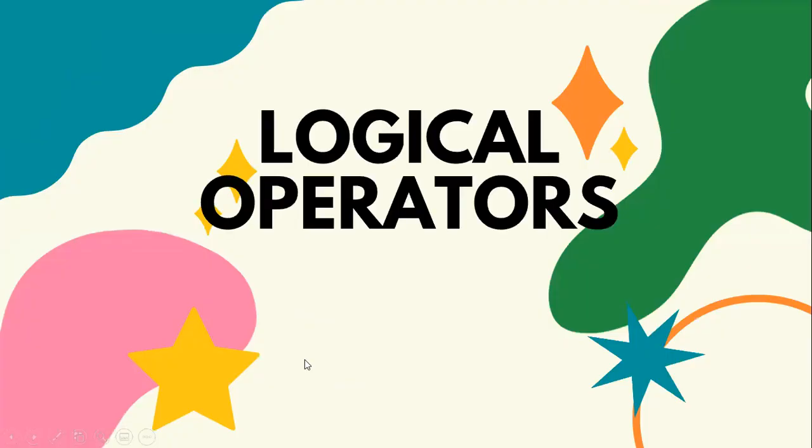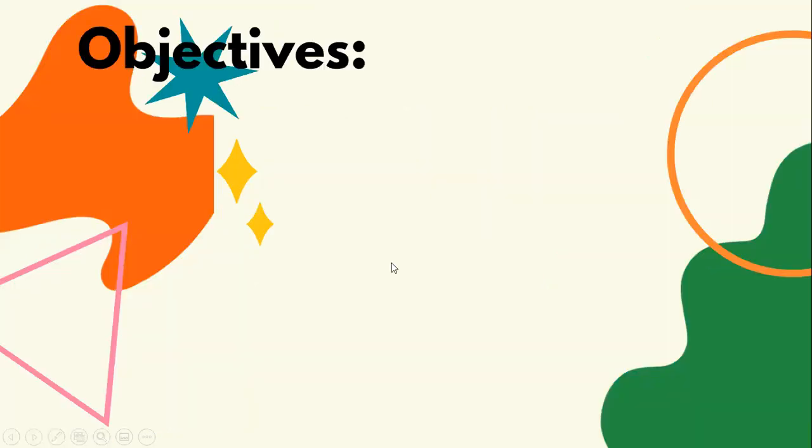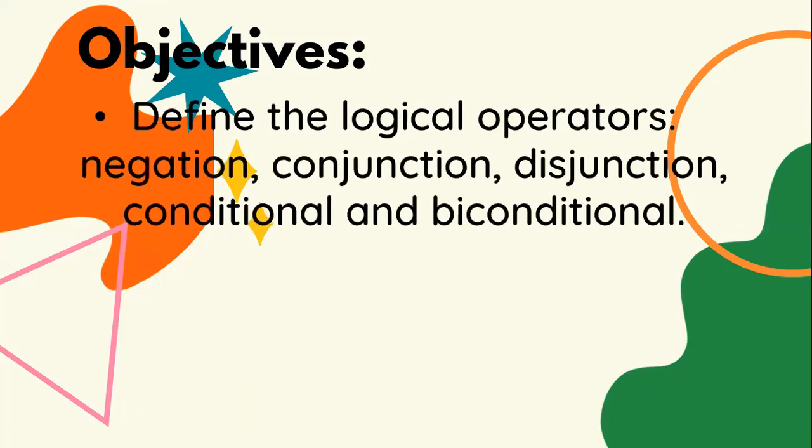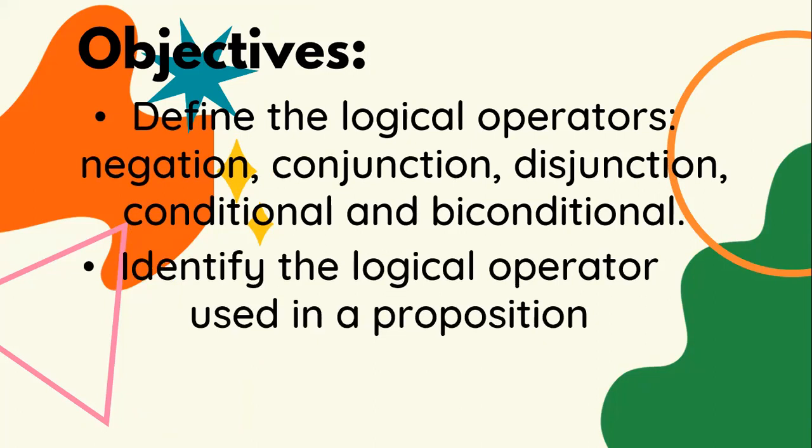Okay, let's have the logical operators. Ayan, di ba? Na-encounter ninyo yung logical operators like not, if, then, the or, the and. So, in logic, may mga symbols po tayo for those words. So, these are the different logical operators, the negation, the conjunction, the disjunction, the conditional, and then the biconditional.